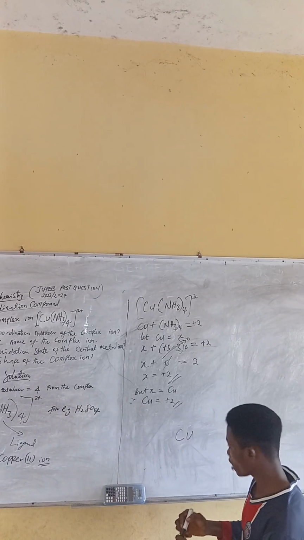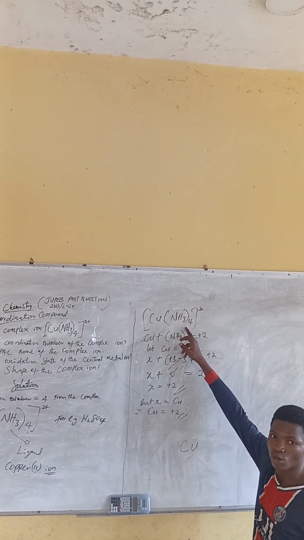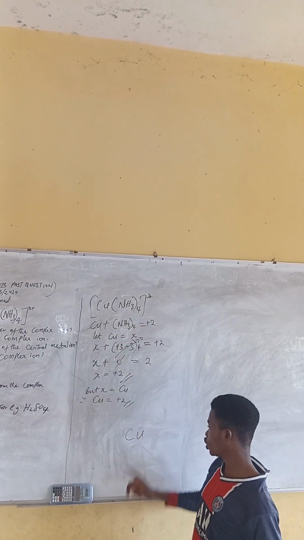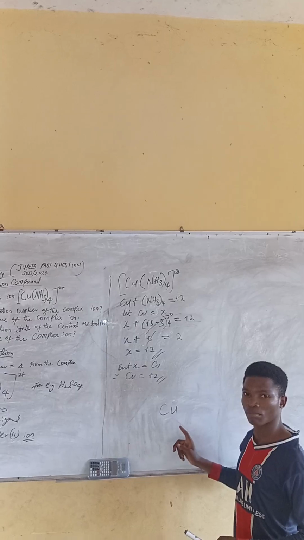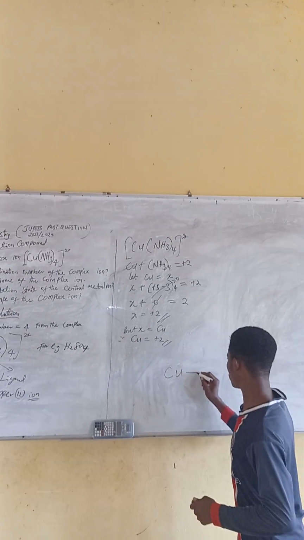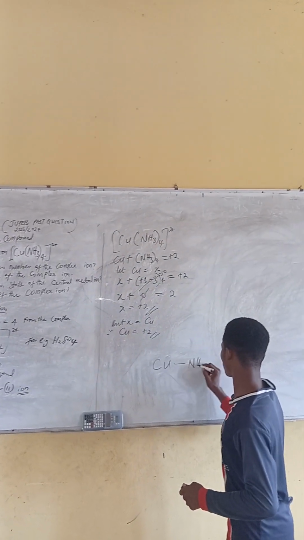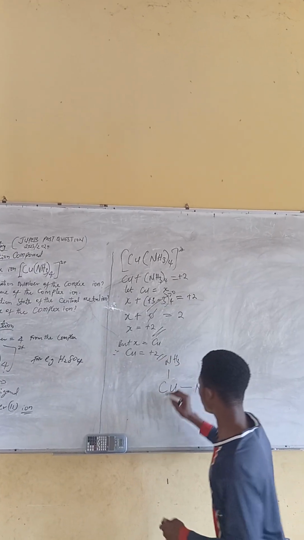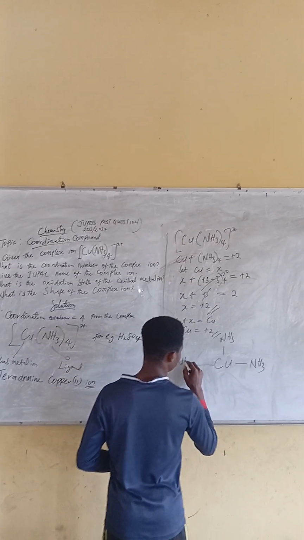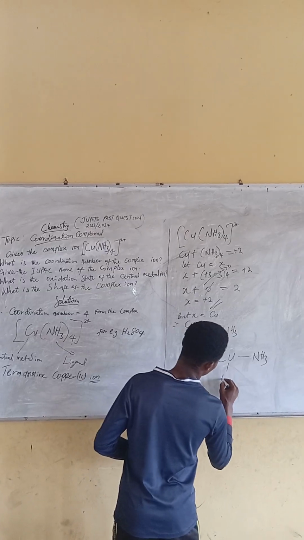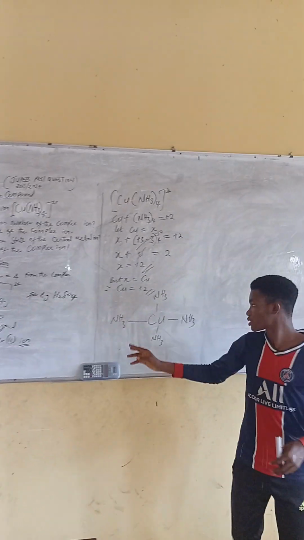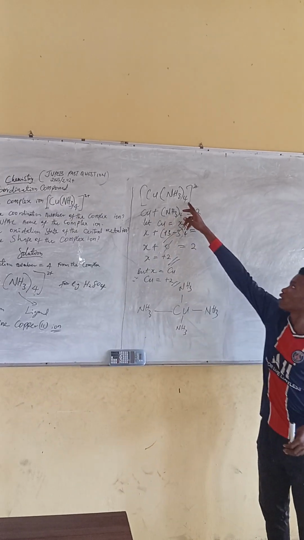Then if you look here, I'm having four ammonia. That means I should bond 4 ammonia to this guy, to the central metal ion. So here will be ammonia. Then here will be ammonia. Then here will be ammonia. Then here will be ammonia. So now it's complete. If you look at 1, 2, 3, 4, that's how you see 4.